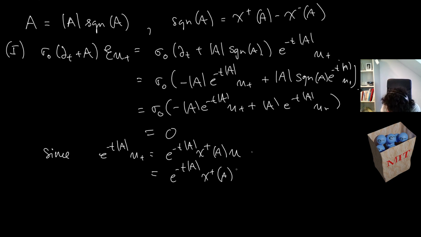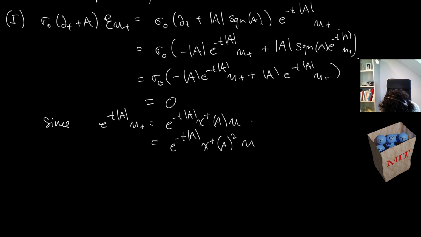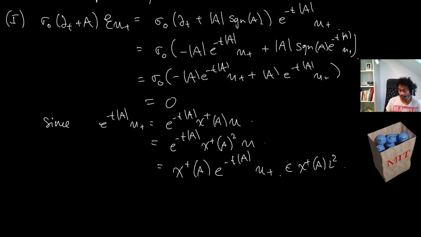It's an idempotent, and now I use the commutativity of the functional calculus to bring one of these chi's across, and then this is u plus, which tells us that this is now in chi plus of a of L2. So this is in the range of chi plus. And so if we hit this with chi minus, it becomes 0. Okay, so that's how we get this second part.